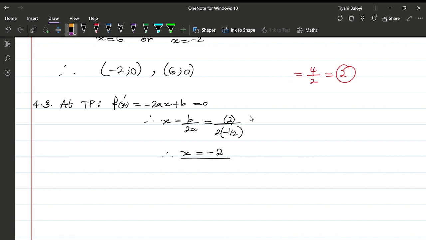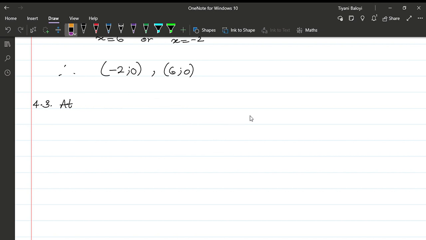Here I'm failing to understand why we have this. So let's just make this simple. Please bear with me. I'm trying to get it right so that I don't make mistakes, because I don't want you to write something wrong. So let's just find our f'(x).